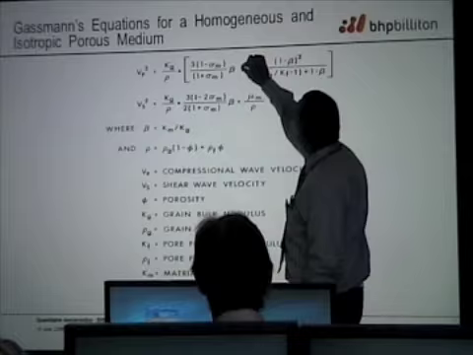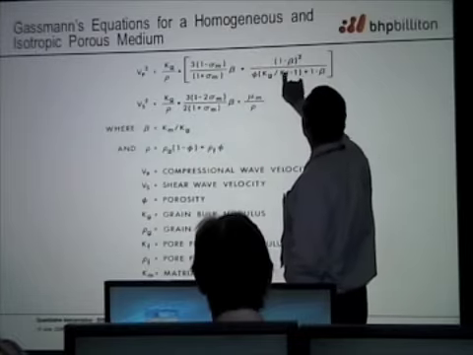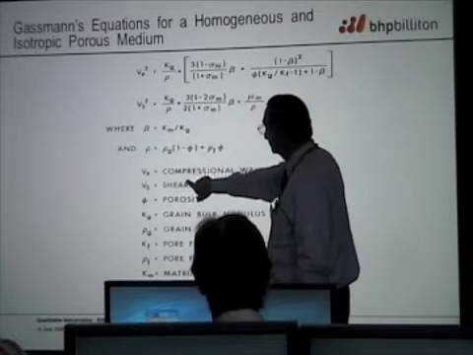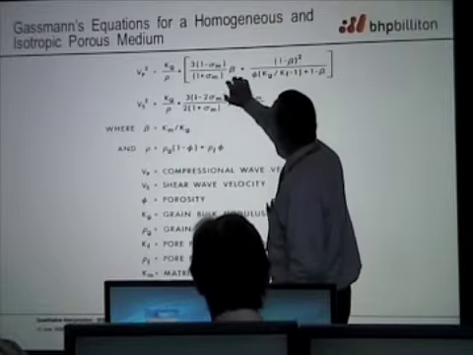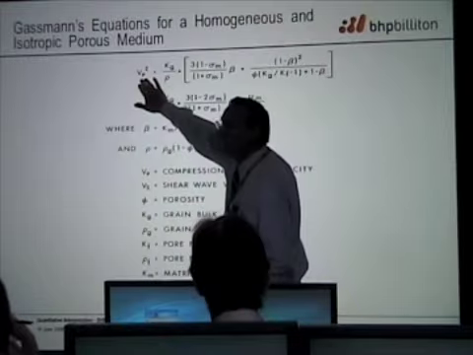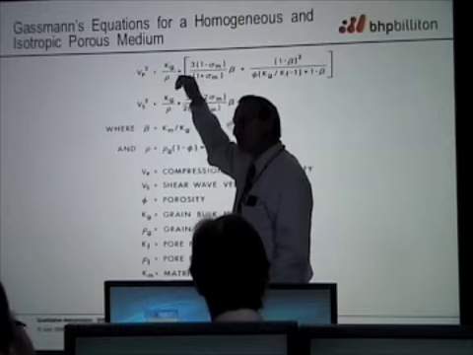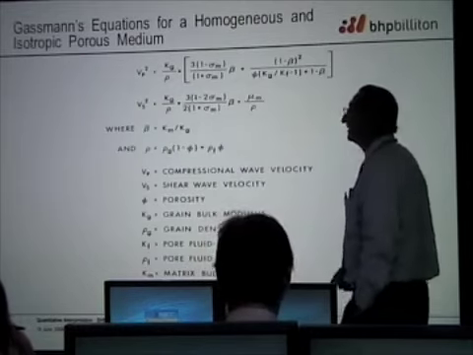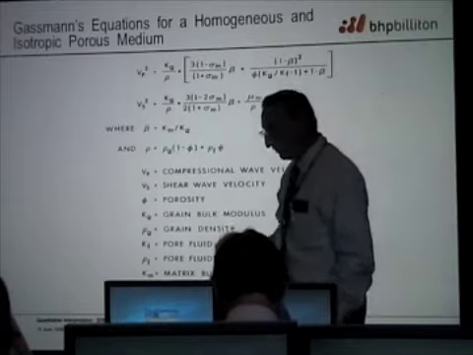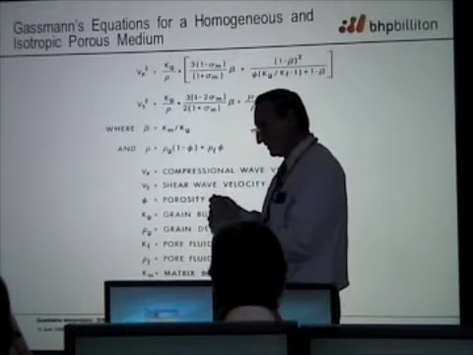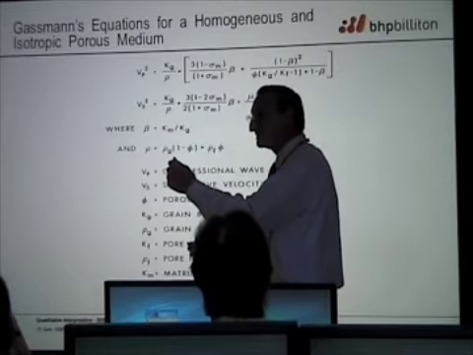And then we've got the beta. Then we stick in the new K sub F, rho sub F, the new fluid, hydrocarbon, and we calculate using that beta what VP is. So we got a new VP, a change in VP.